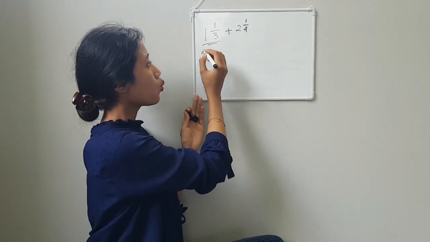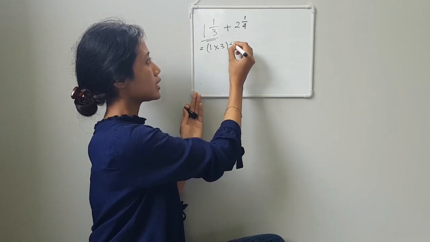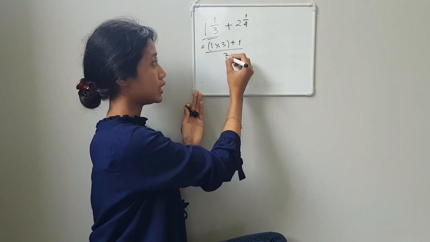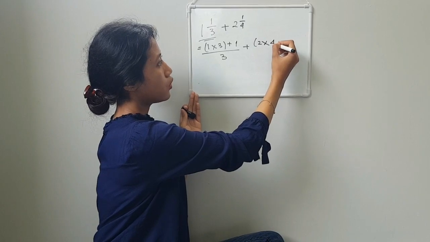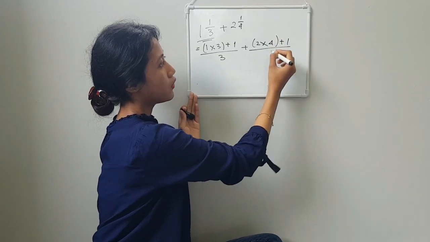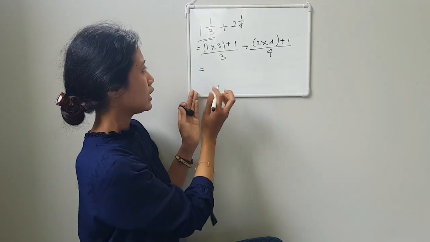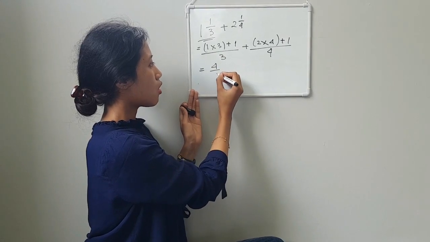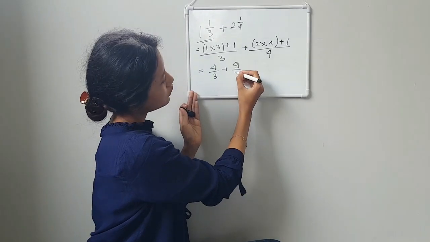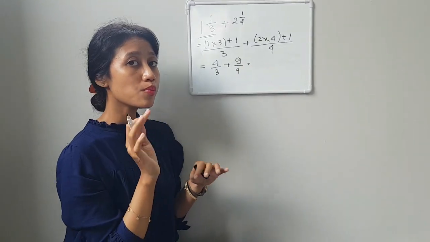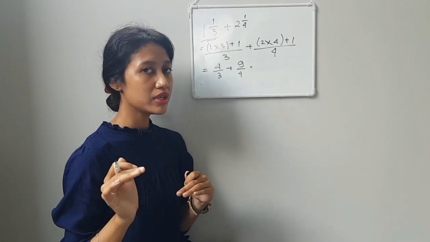The answer is 1 multiplied by 3 plus 1 over 3, plus 2 multiplied by 4 plus 1 over 4. And if you count this, you get 4 over 3 plus 9 over 4. And then you must make the denominator become a common denominator.